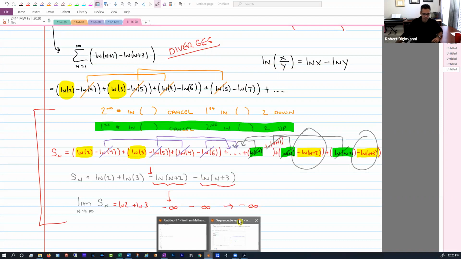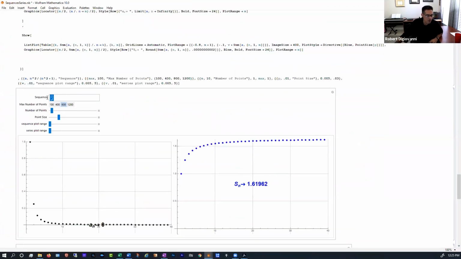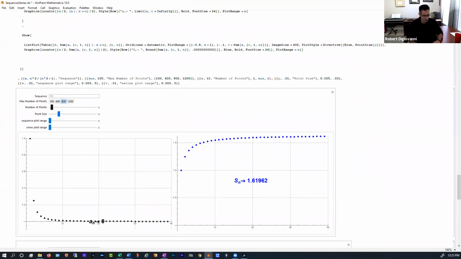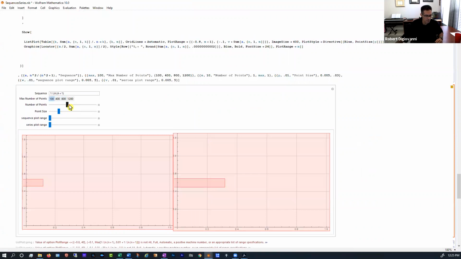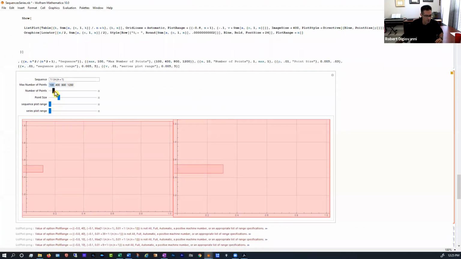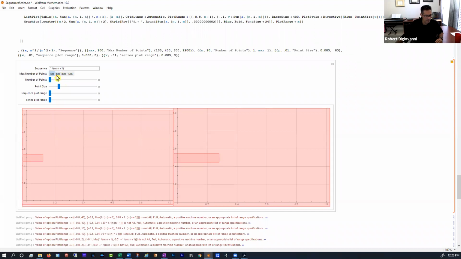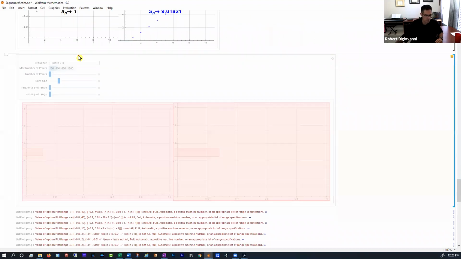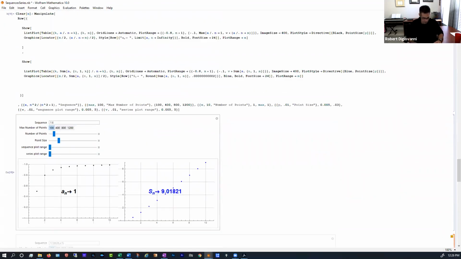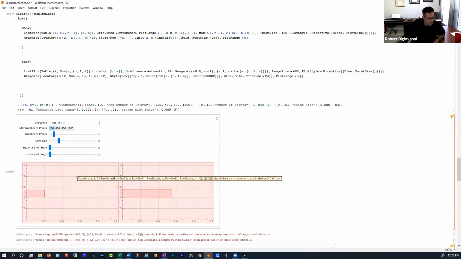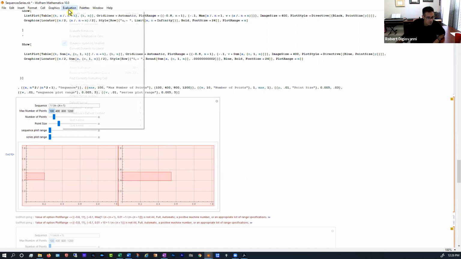Now, just to verify, I'm going to show you the first problem we did. It was 1 over n times n plus 1. Okay, that was it. Whoa, what's going on here? I don't know what's happening here. Let me try this again. 1 over n times n plus 1.